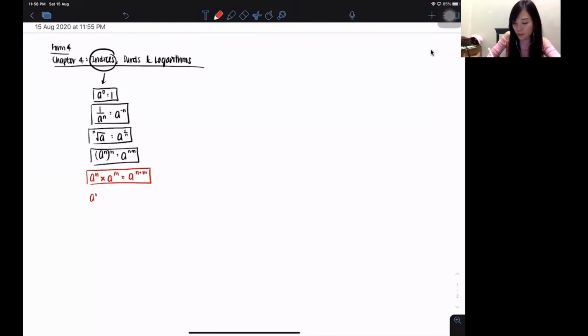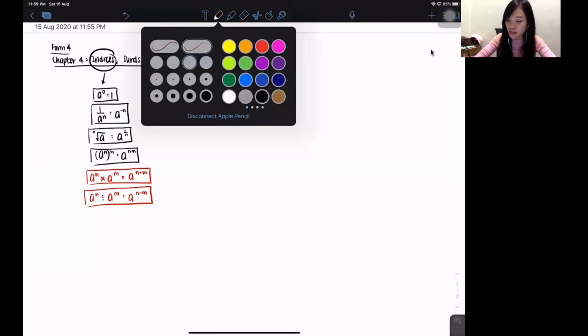If times combined together is plus, then divide combined together, the power is actually minus. So if you watch my previous video, you will know that indices, no matter how complicated they are, only have 3 types of questions. Either they are plus, minus, times, divide, or really cannot become the same base. Only 3 types, okay?